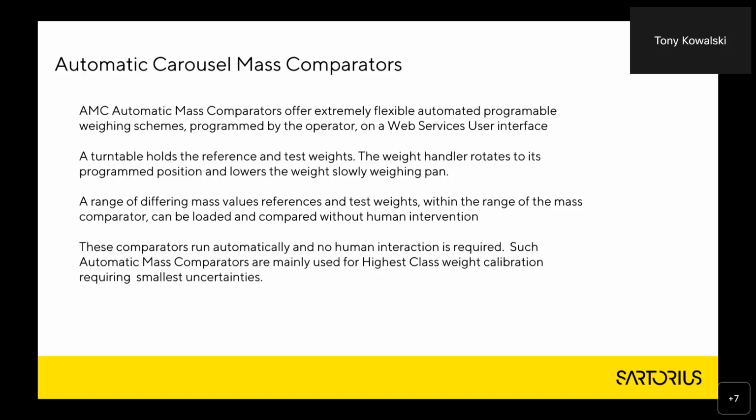And automatic mass comparators can be used for class F1 calibration, but also are ideal for the highest weight levels of E1, E2, or maybe even at the national level, E0, for example.